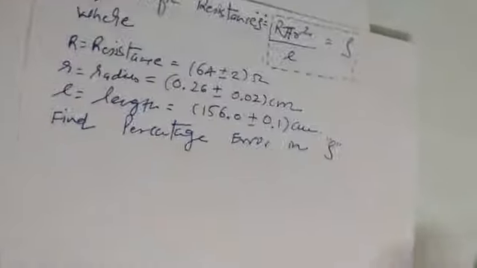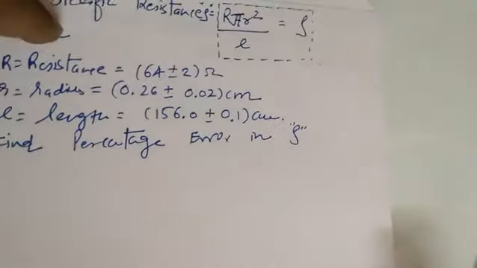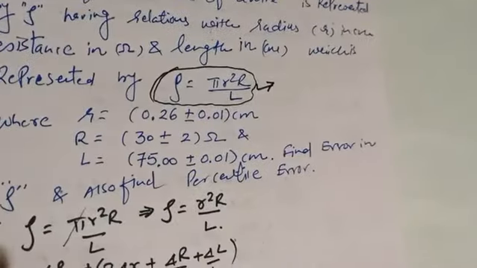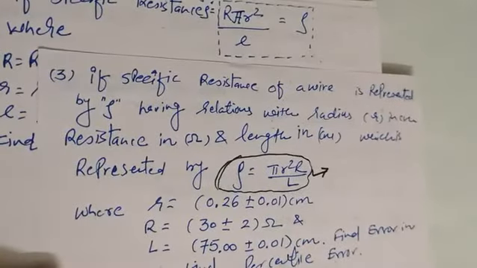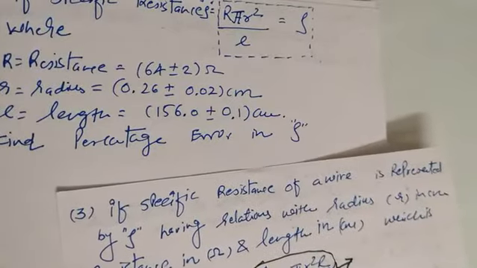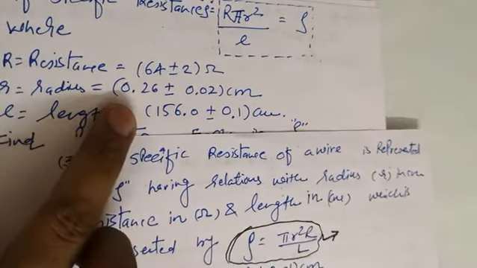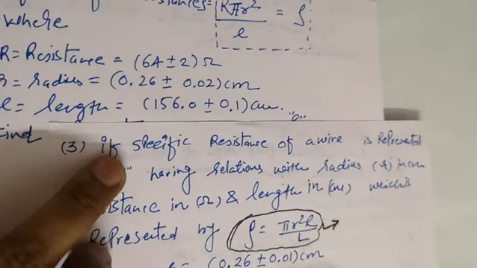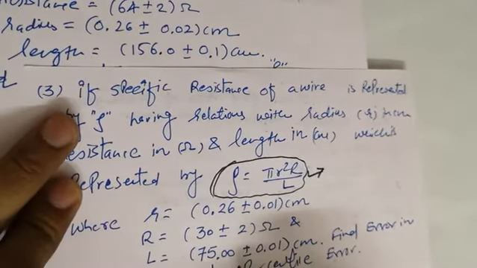Now we can go to another good example, which is the same example which we have done, the third one, pi r square by R, but the data is somehow different. Here we have 0.26 plus or minus 0.02, I have 0.26 and 0.01. Length is something different, I have mentioned to you.